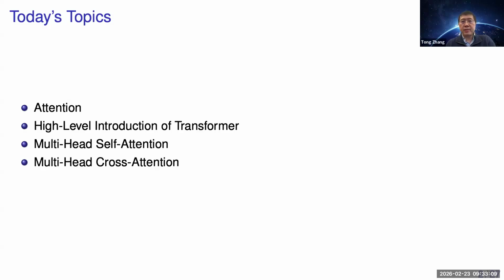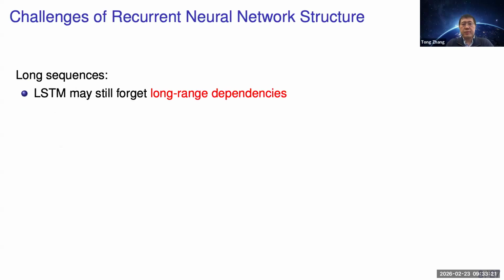Certainly attention has become very, very important. It's essentially the key component of the transformer, and we will see what issues it resolves. To see that, we start by looking back at recurrent neural networks.